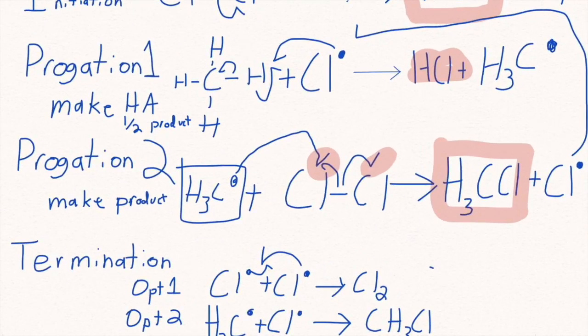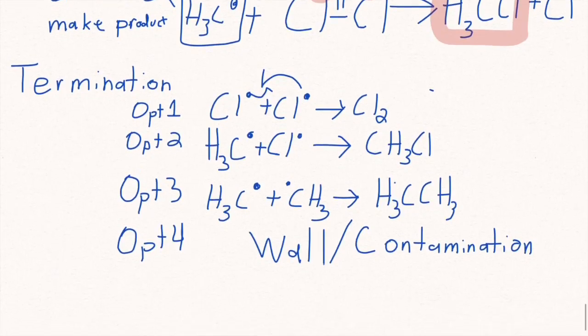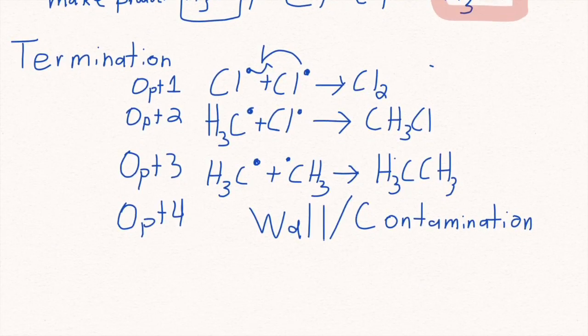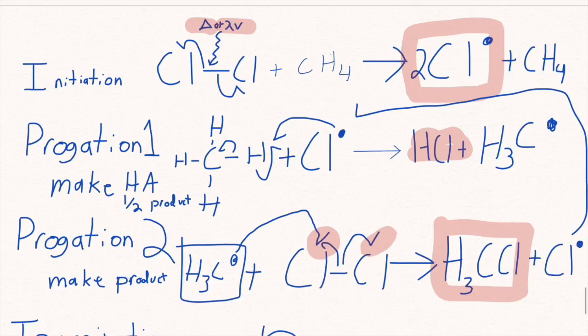Now, with these very reactive radicals, you have these different spots of termination. As I said before, we can end this pretty quickly just by reacting those chlorine radicals together. Please note that we generate a net 2 in the beginning of this, so we always have an option to terminate with one of those, or we can get 2 of these propagation cascades going.